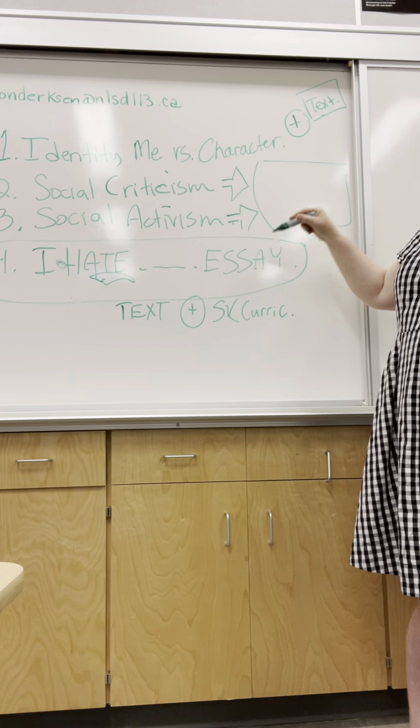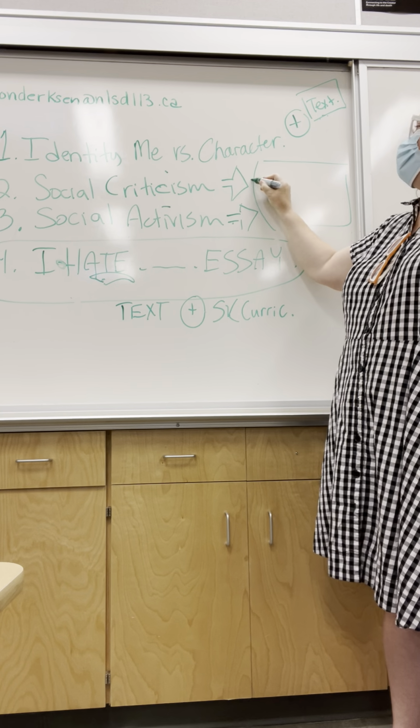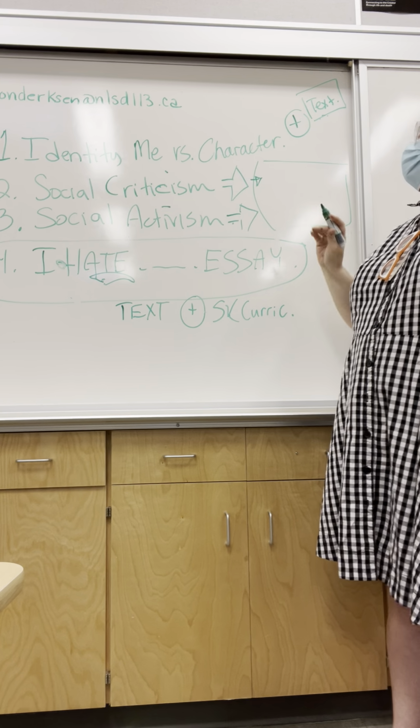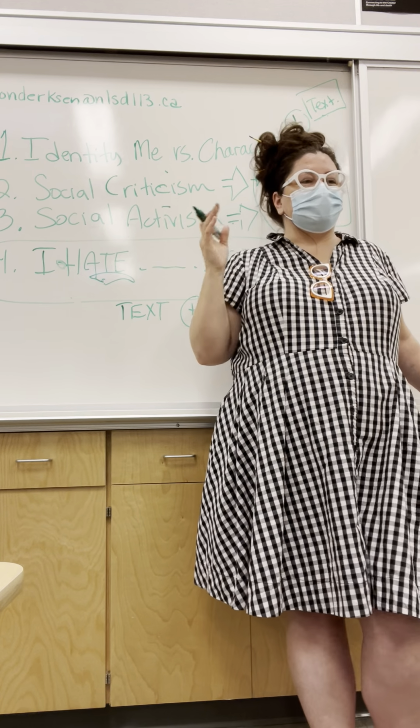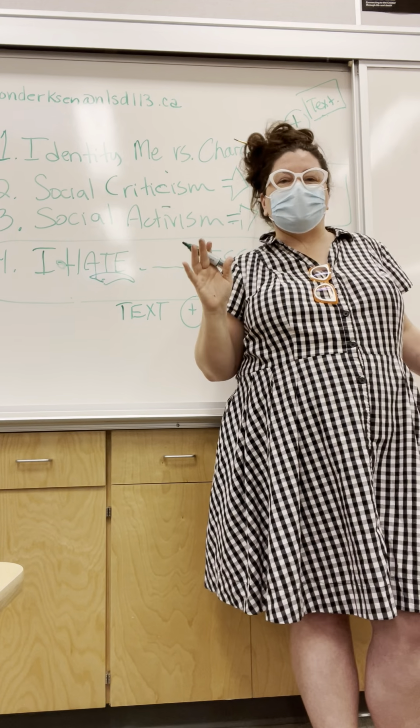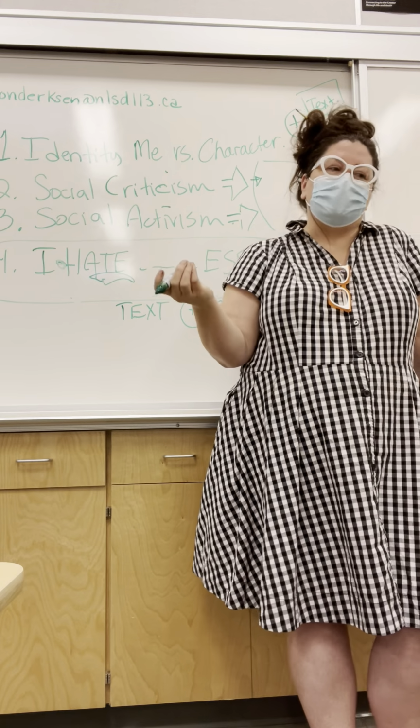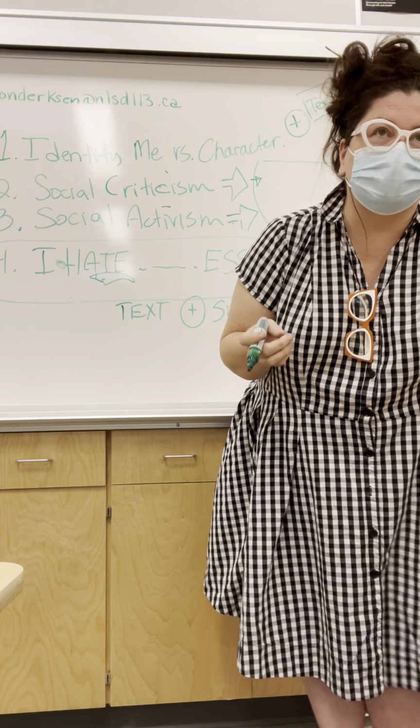For social criticism, this is where you can go in and critique how the characters and how the author chooses plot points within the structures that are in the book.